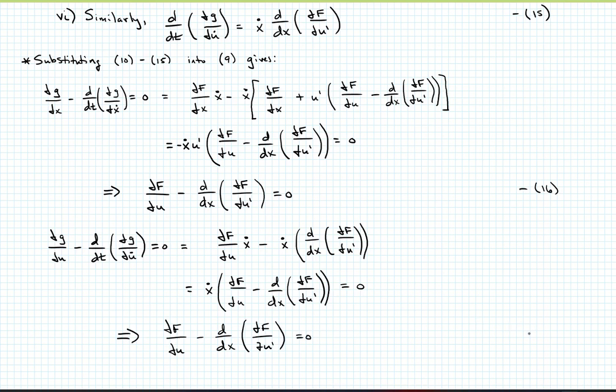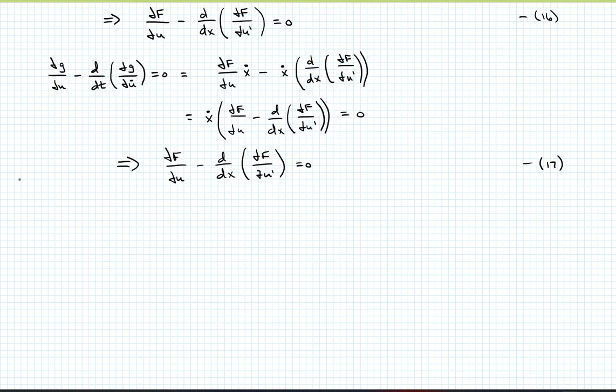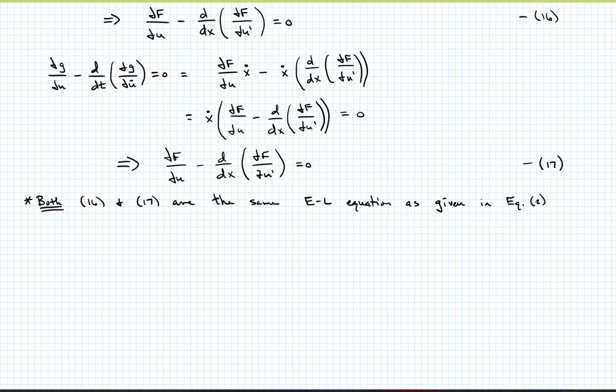Let's call that equation 17. So let me write down what I just said. We observe that both 16 and 17 are the same Euler-Lagrange equation as given in equation 2. So effectively, they're yielding equivalent solutions.